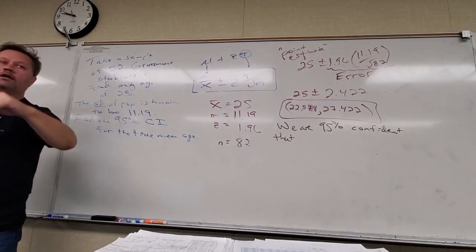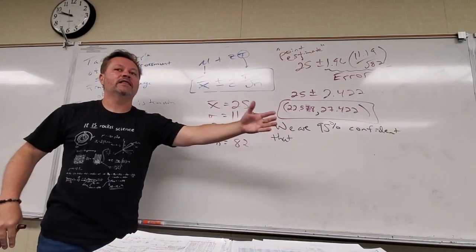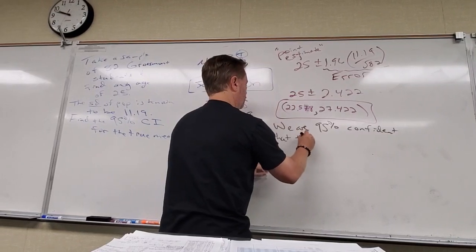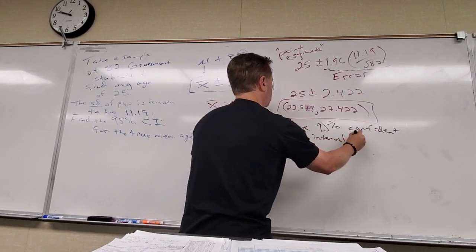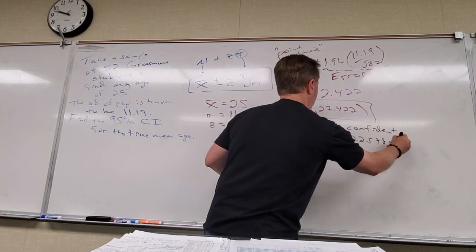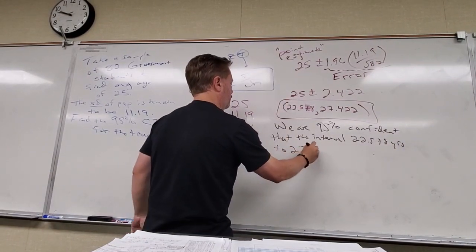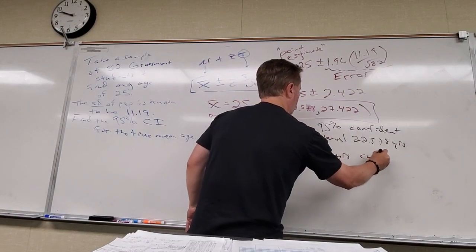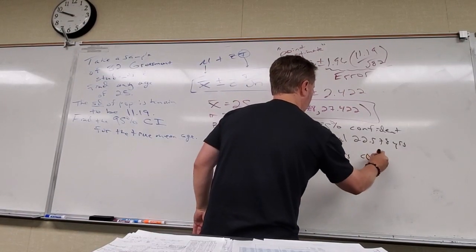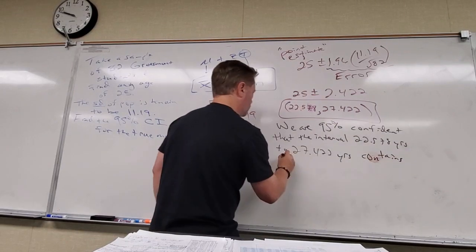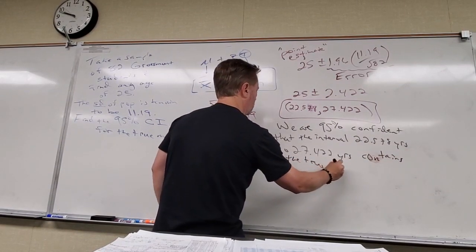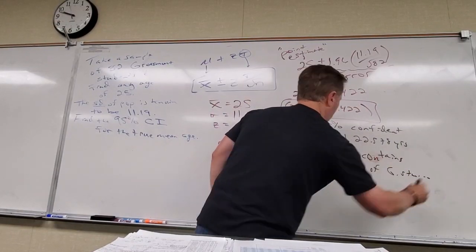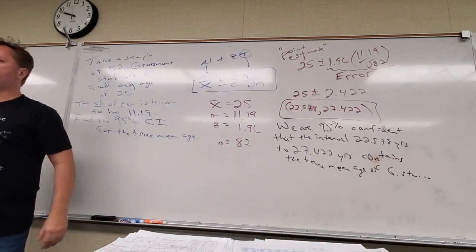So we are 95% confident that the interval 22.578 years to 27.422 years contains, or catches, I like to say contains, the true mean age of Gross Point students.